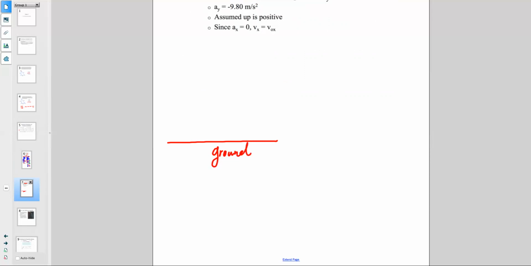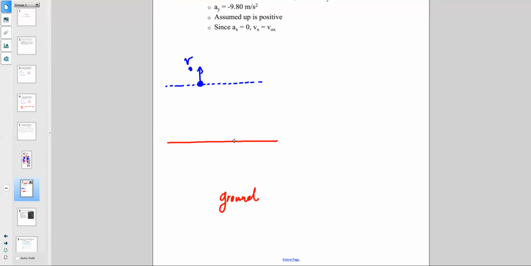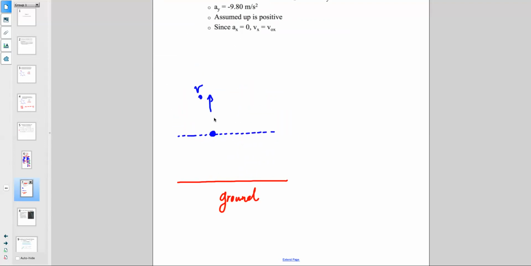All right, and then you are holding a ball right there, and you are just throwing it upward, exactly vertical, with a velocity of v0 initially. Let me just put it down here, a little bit to give us some room.